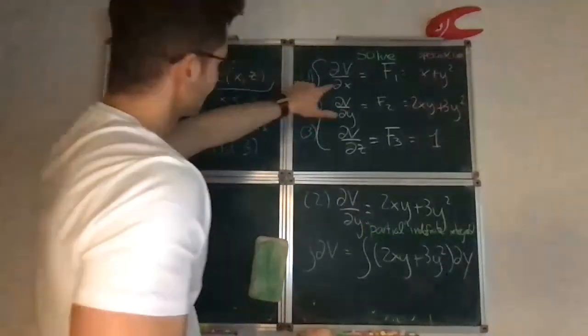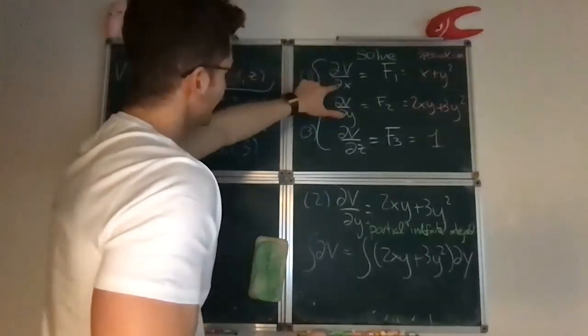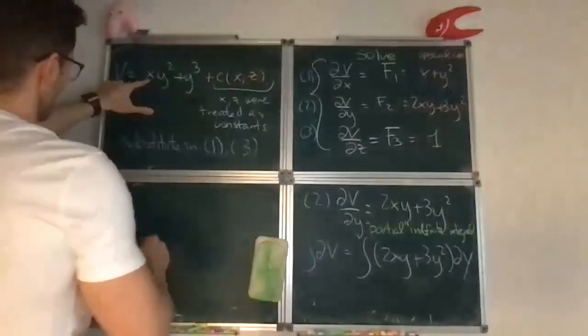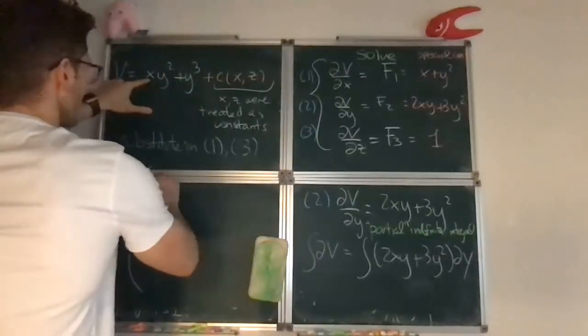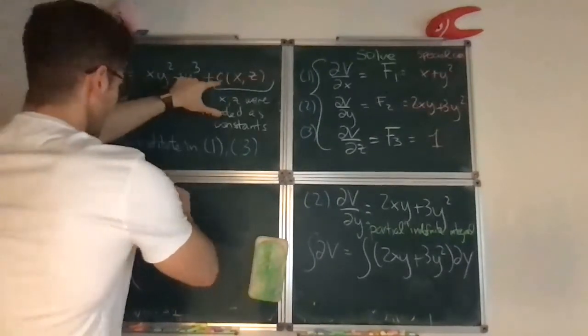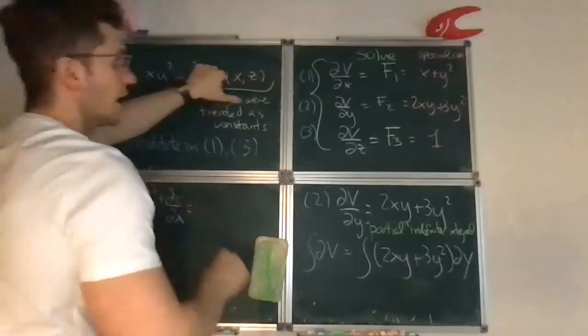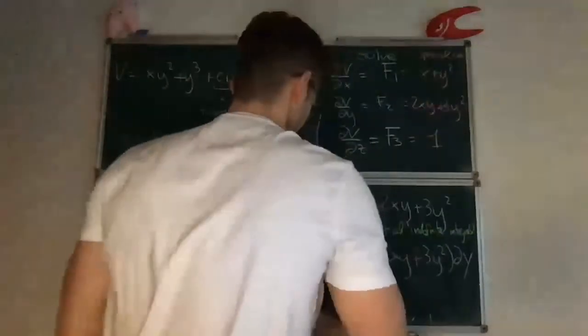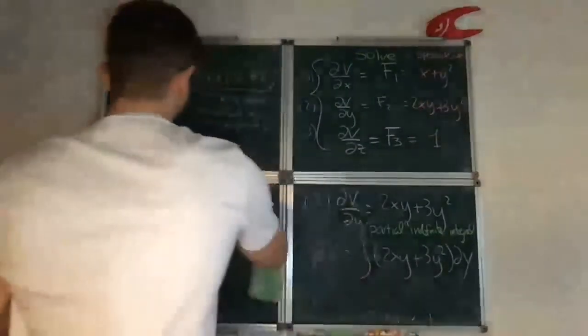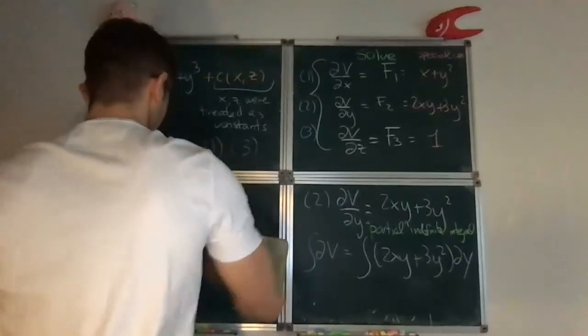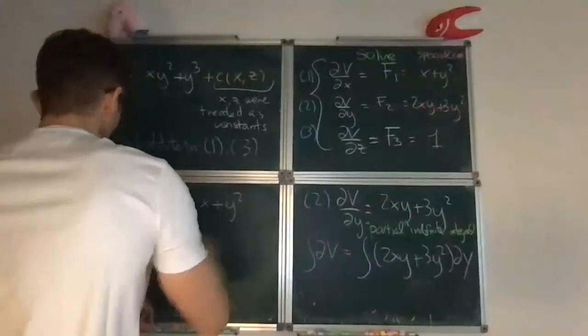So v with respect to x is now y squared, this goes away, and now the partial derivative of c with respect to x, and this has to be x plus y squared. So this is the new equation 1.